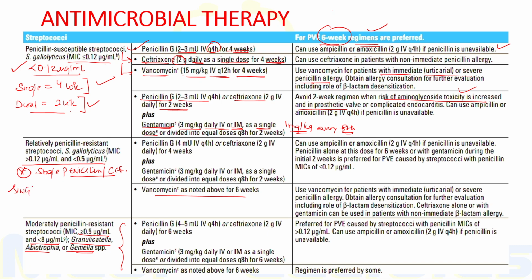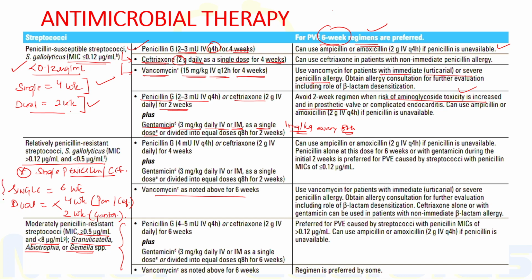If we are giving a single drug, now the regimen will be 6 weeks. For dual drug, the regimen will be 4 weeks. So penicillin and ceftriaxone will be given for 4 weeks. And again gentamicin will be given for 2 weeks, which is given to decrease the initial bacteremia, and it is limited to 2 weeks for avoiding toxicity.